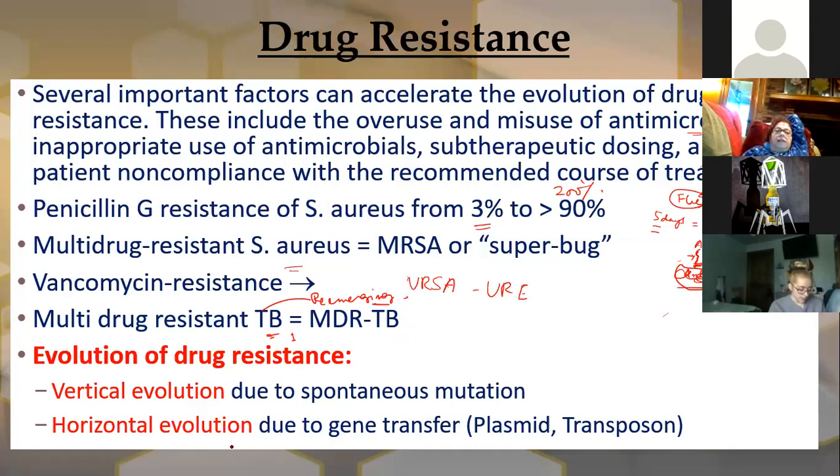Okay, and you can understand that horizontal evolution is for the gene transfer, and vertical evolution is there. When one bacteria is multiplying into 2, they are going to get that drug resistant capacity.